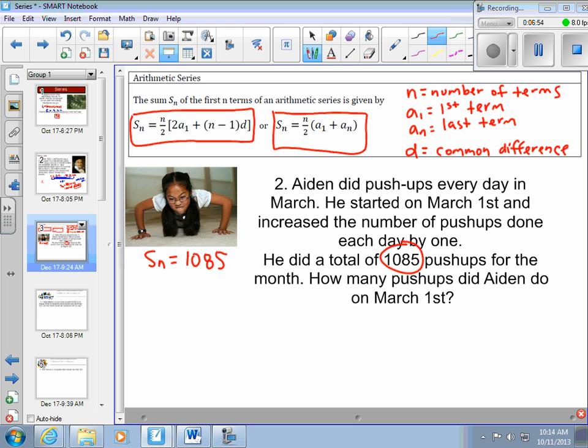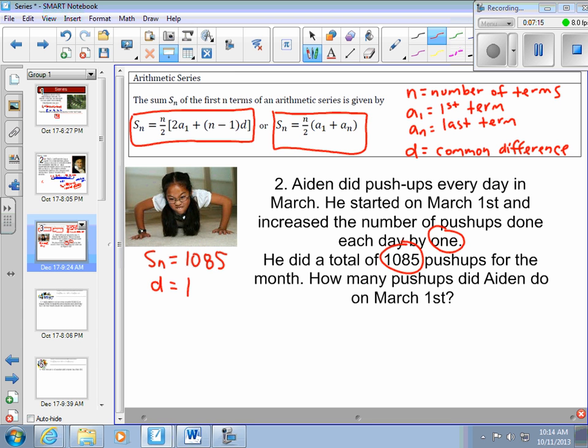How much did he increase by each day? What's our common difference here? They did 1 more push-up each day, so they increased each day by 1. So our D in this problem is going to be 1.